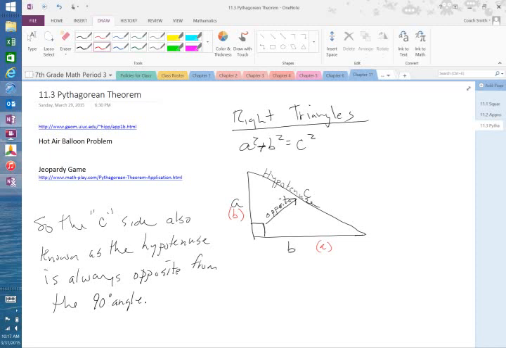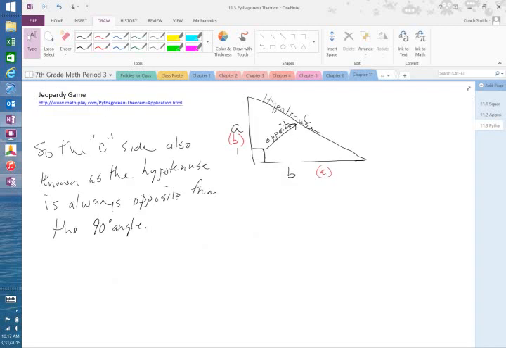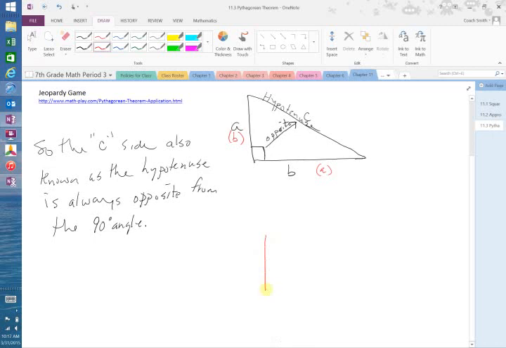The theorem basically says this: if I take the two legs and square them, add them together, then that will equal the hypotenuse, or the third side, squared.